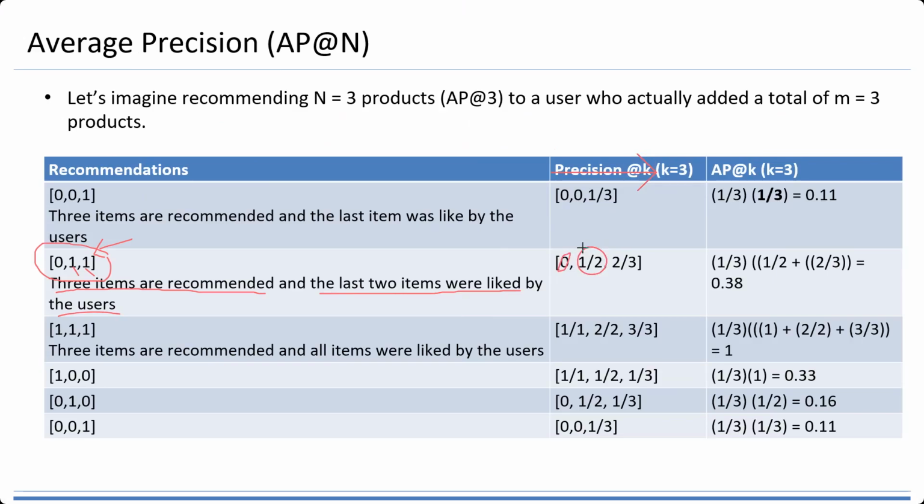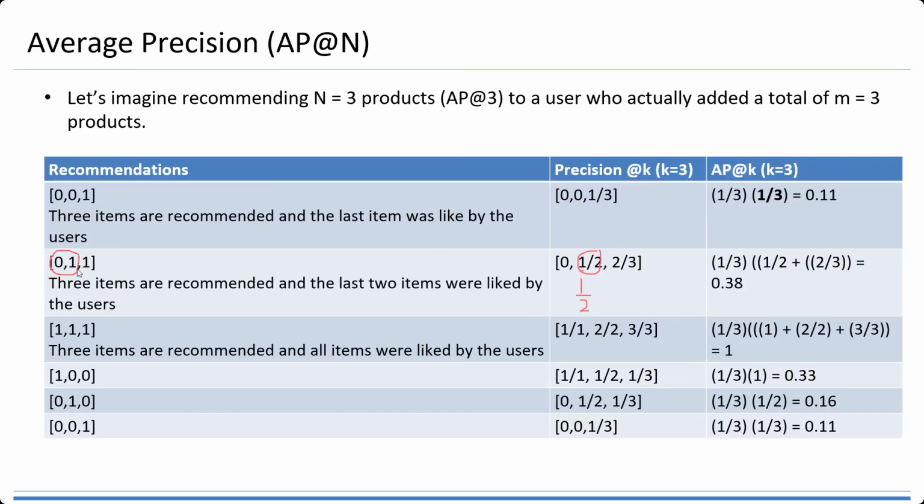Why? Because when we are at item number 2, we look at these two items. We have the recommendation of two items, and one item has been liked by the user. So among the item one and the item two, one has been liked by the user.